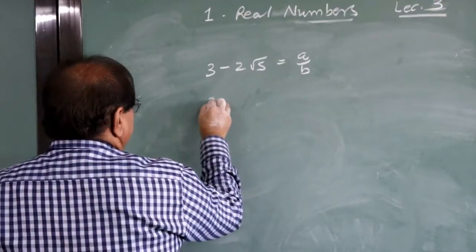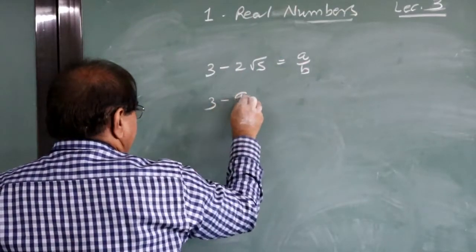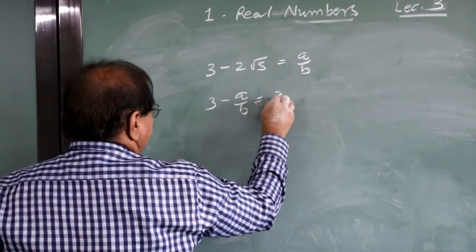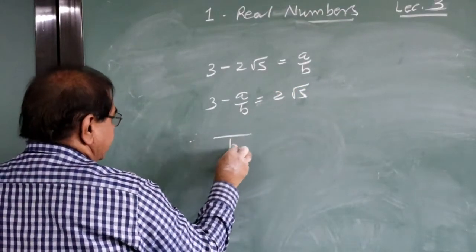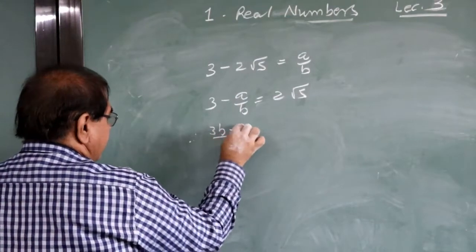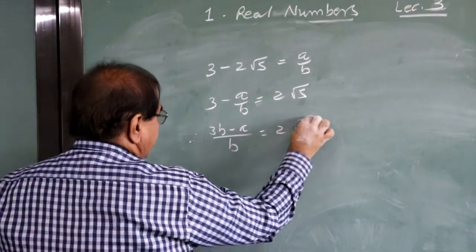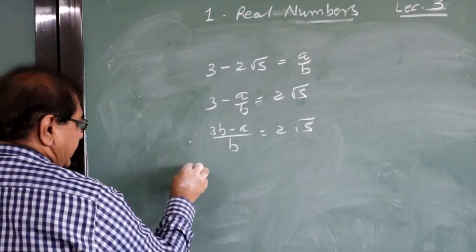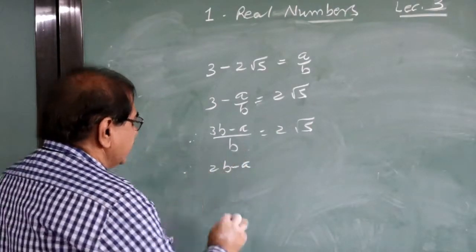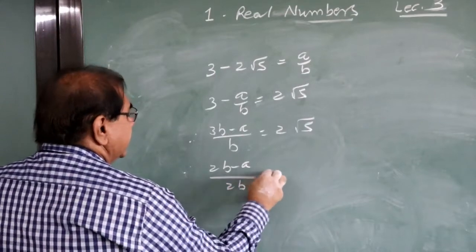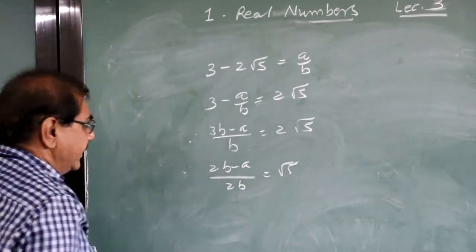So, 3 minus a upon b is equal to 2 root 5. Now take b LCM here. 3b minus a is equal to 2 root 5. Therefore, 3b minus a, this 2 comes down, 2b is equal to root 5.